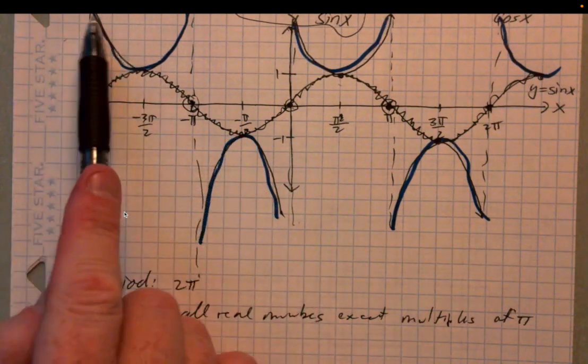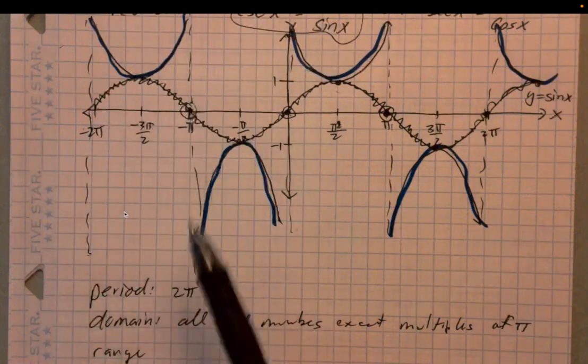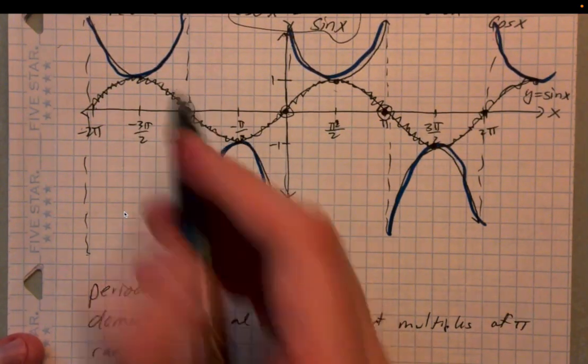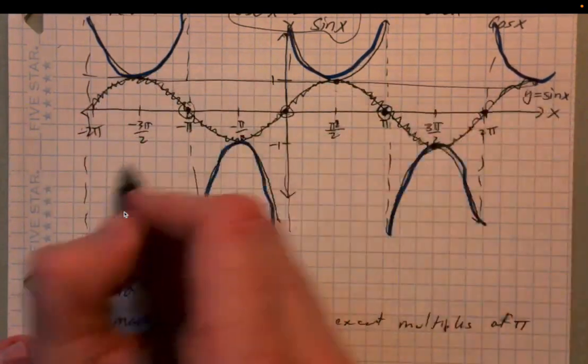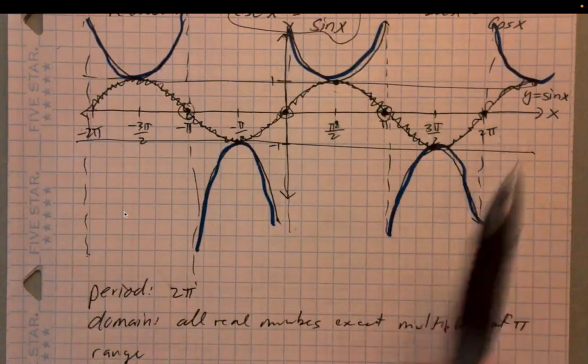Notice that it comes down to 1 and then goes back up, and over here it comes up to negative 1 and then goes back down. So there's a band right in the middle that the cosecant can never be equal to. The range is therefore all real numbers except numbers in this band.